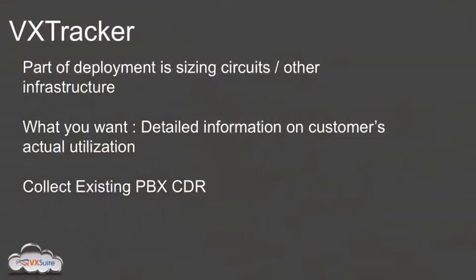So just because I can do a ping from one to the other with really low latency doesn't mean that when I put voice on it and I start stressing that I'm going to have that same performance. And that's why we're going to put an agent on either side of that connection. So VXTracker, I'm going to hand this over to Dan now, and he will be your lovely tour guide for a few minutes.